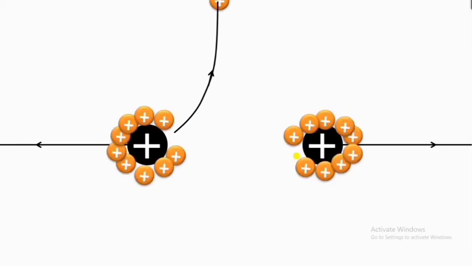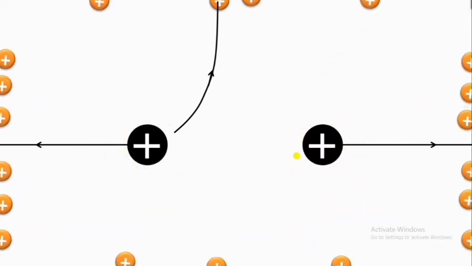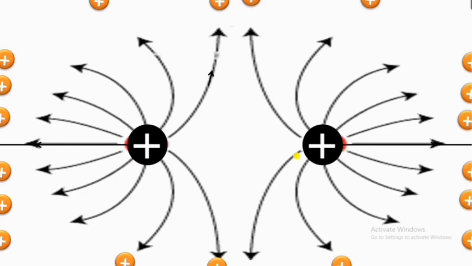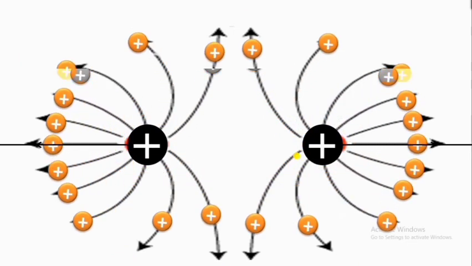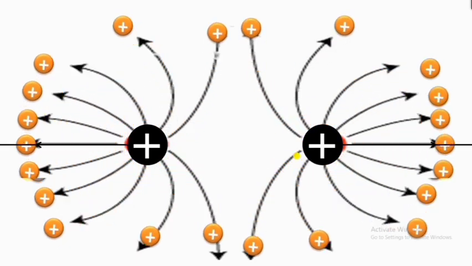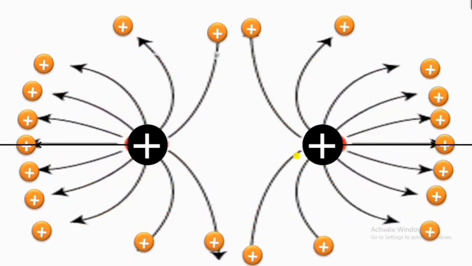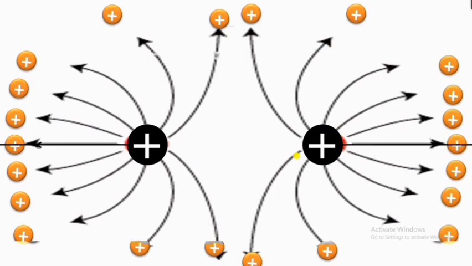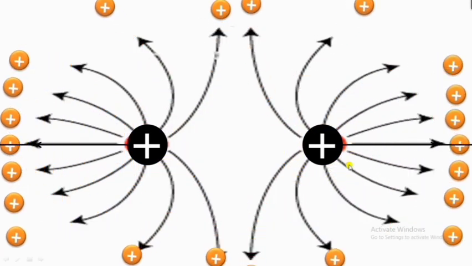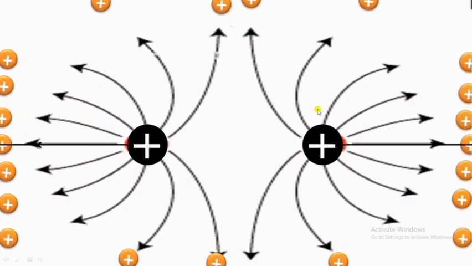And if we leave many charges around two positive charges, they will go like this, and these will be the electric field lines. So you can see how it works. All the charges are going away from these two positive charges, but they will be affected by the electric field of the other charge also.